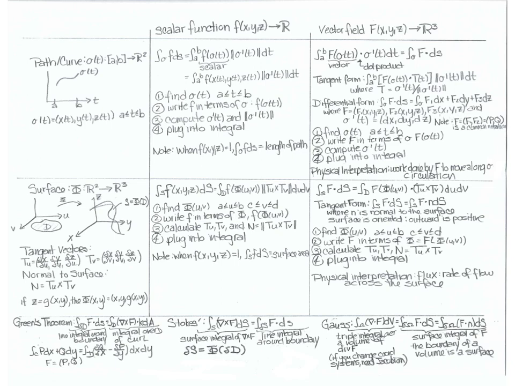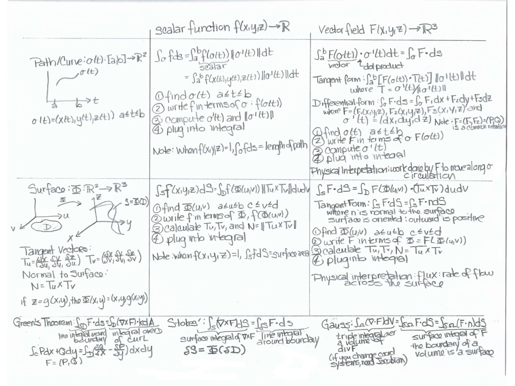Because there are so many different types of integrals, I made this chart to kind of organize the information. So here, I basically said there are 2 types of integrals, path integrals and surface integrals. So this row deals with path integrals, this row deals with surface integrals. And then we're either integrating scalar functions, so that's this column, or vector functions, and that's this column. So from there I get the matrix. I write the different steps involved in solving each, the main formula I use, and other notes like maybe physical interpretation and other things.